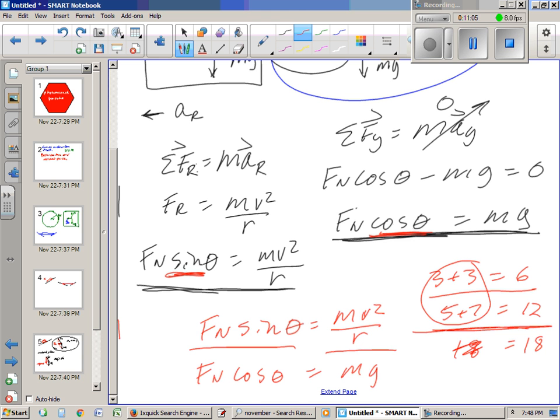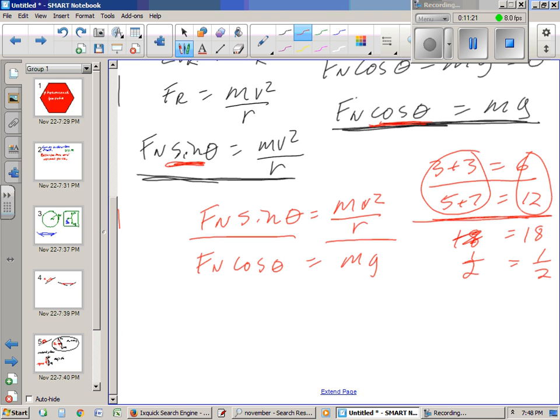So 6 divided by 12 will give us 1/2. And over here, 6 divided by 12 will also give us 1/2. So yes, any two things that are equal to each other can be divided by any two other things that are equal to each other. If you didn't follow that, it's okay. It works. Okay, so what do we get when we divide this by this?